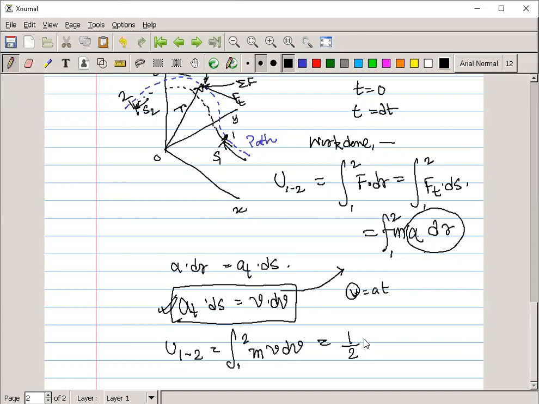If we do the integration, we get m times (v2 squared minus v1 squared) over 2. So what does it mean? It means in a curvilinear motion, the work done is nothing but the change in the kinetic energy. Is it understandable?